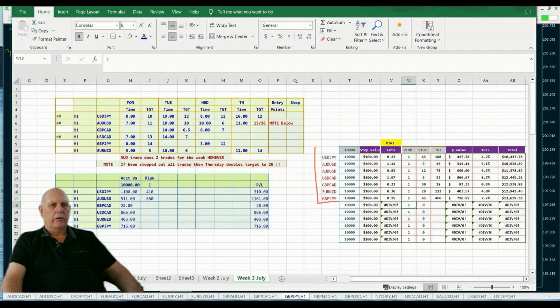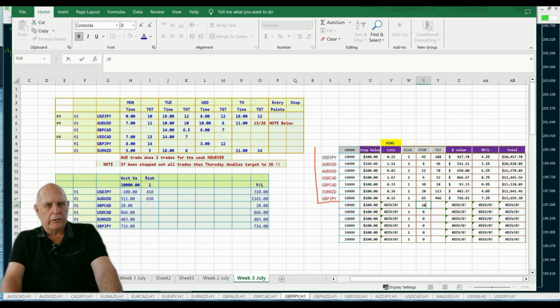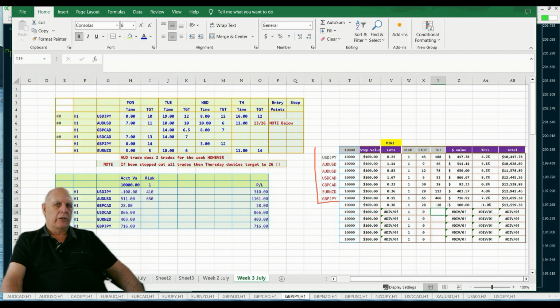And then we can see it was about a 28 point stop, and it's going to be minus 28. So it's going to be minus 100. So we got 13.5 there. And so all up, we've returned, say, 3K on 10K. There's 30% for the week.